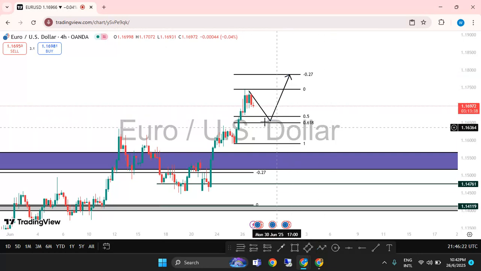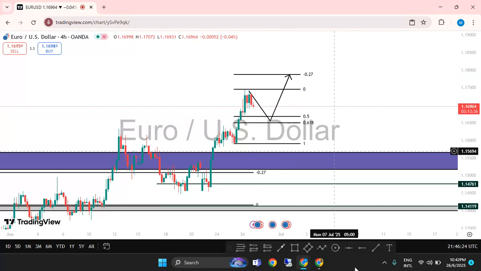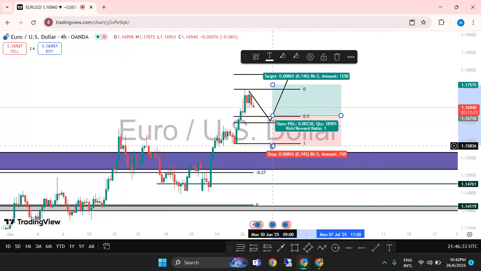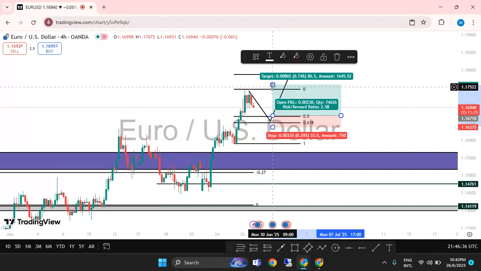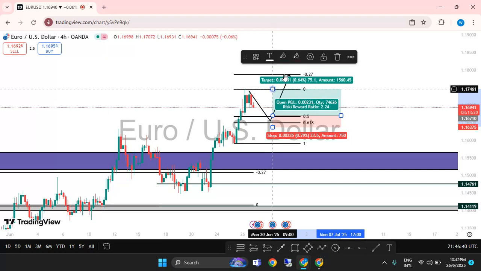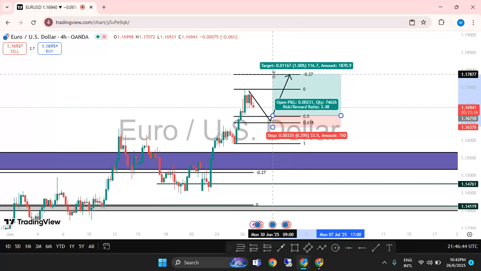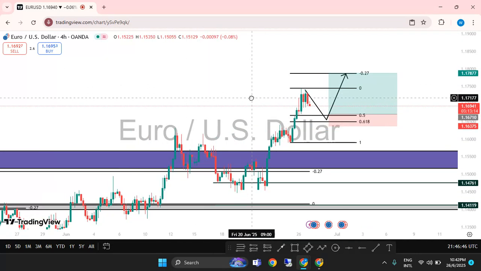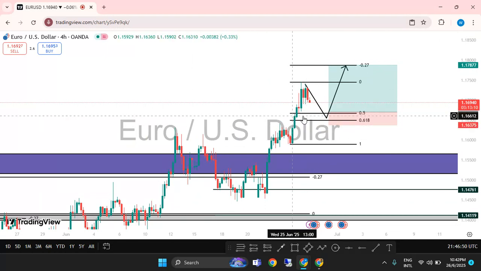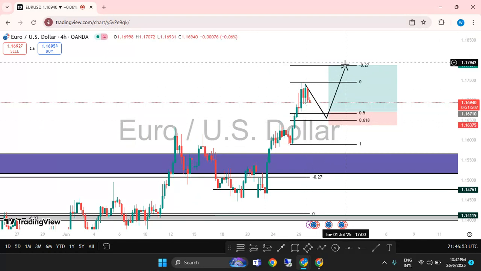If it taps into this zone and I see a rejection, my long is going to be from around here, TP1 will be here, and 0.27 is TP2 here. If this market pulls back into this zone and I see a candlestick formation, I'm taking this trade to the upside on the Euro USD.